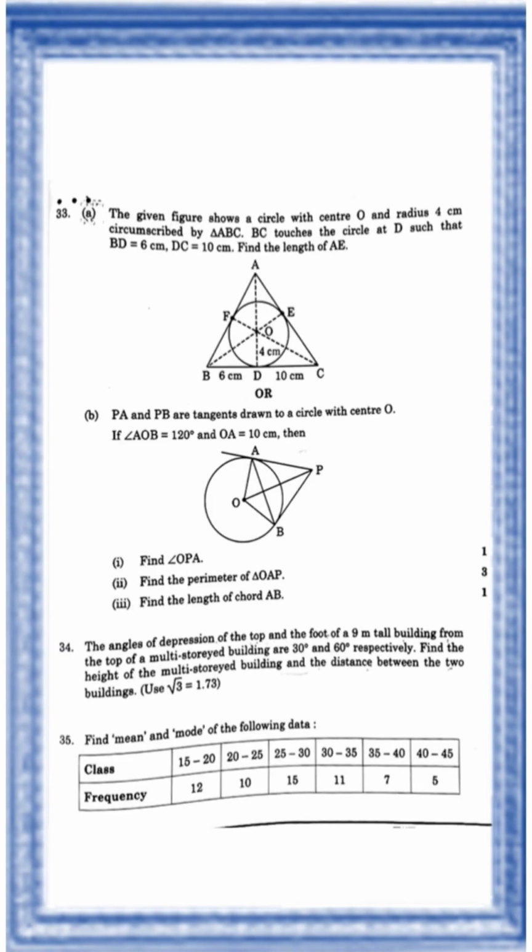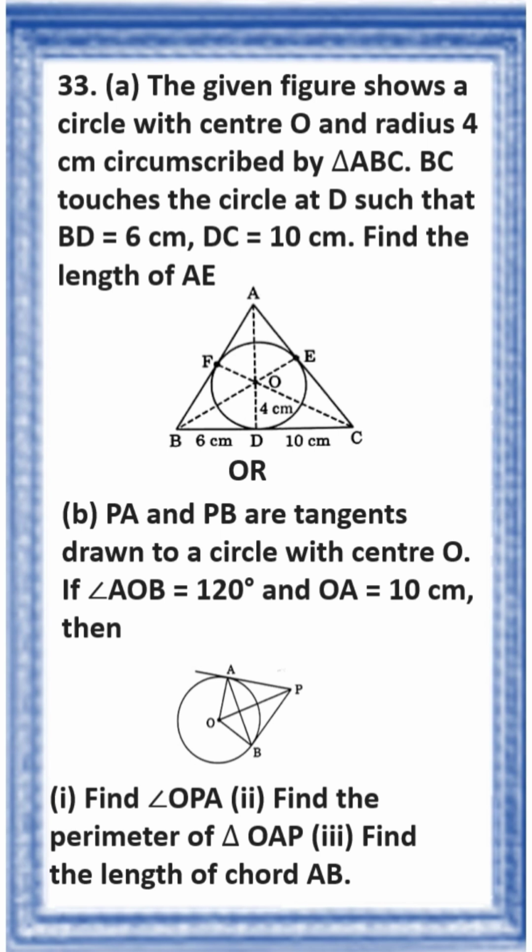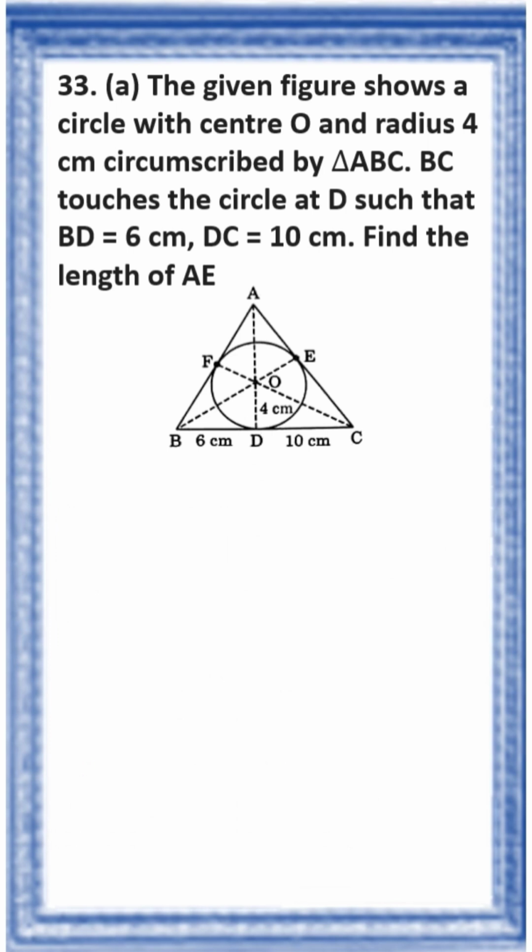Now let us solve question number 33. There are two questions in the 33rd question, A and B. In B, there are still three more questions. So now let us solve the 33rd, A question.